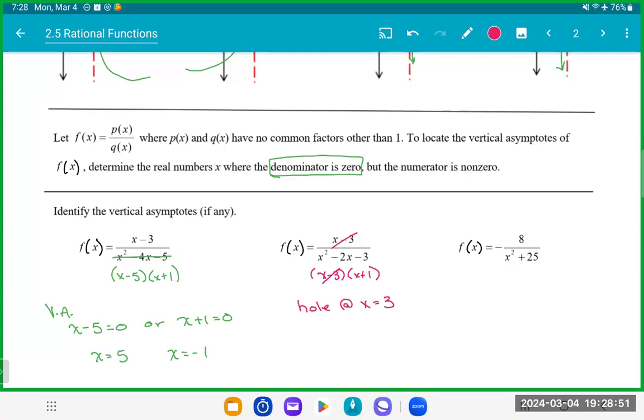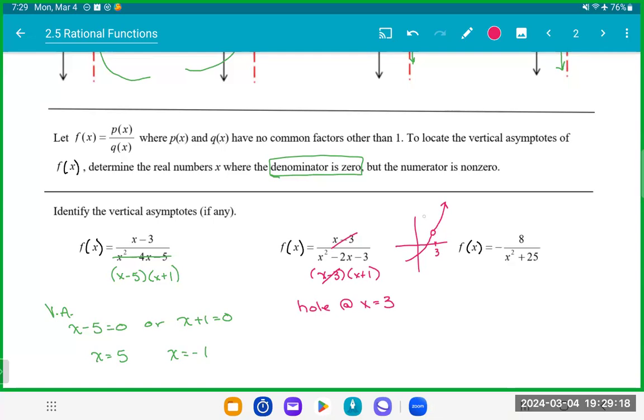So what would that look like? If we had a graph, and let's say this is 3 right here, and something coming here, normally we would have that as an asymptote. But when it's a hole, we just put a circle here and the graph can continue on. Okay?